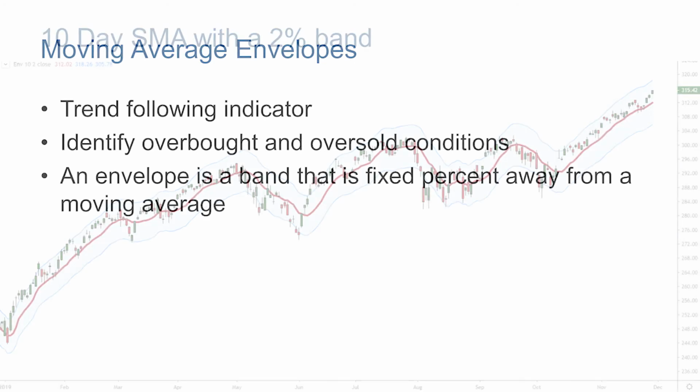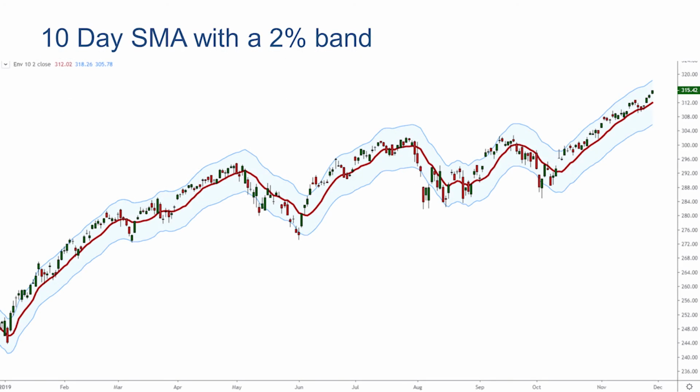And so here's an example. What we have here on this index is a 10-day moving average. That's the same moving average we've been looking at in the first 20 minutes of this presentation. But the blue band around it is an envelope that is a 2% higher and 2% lower band around that 10-period moving average.